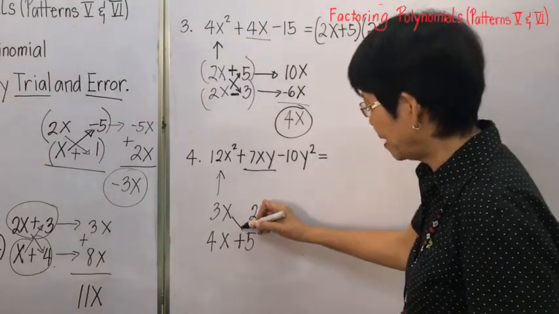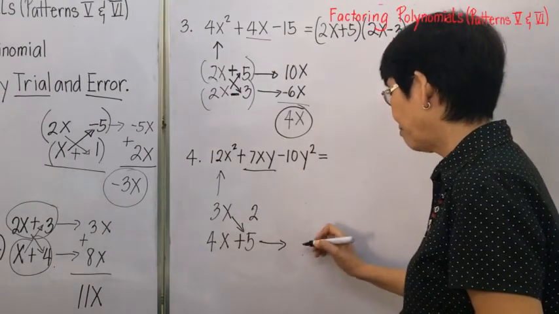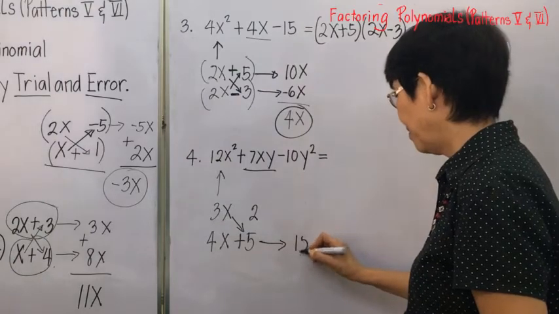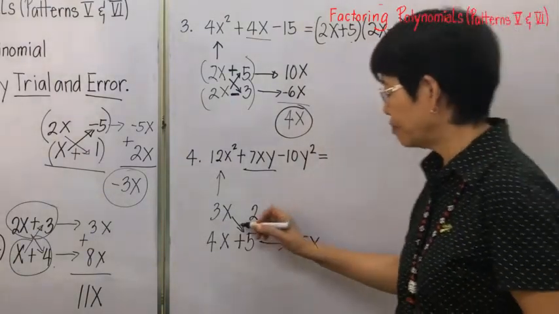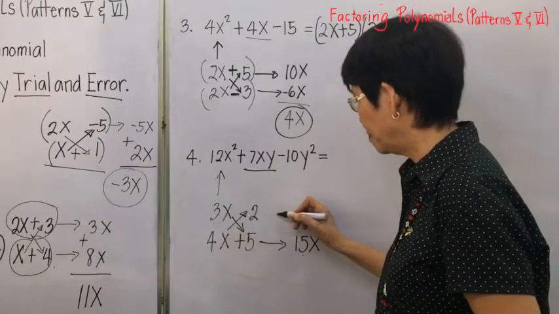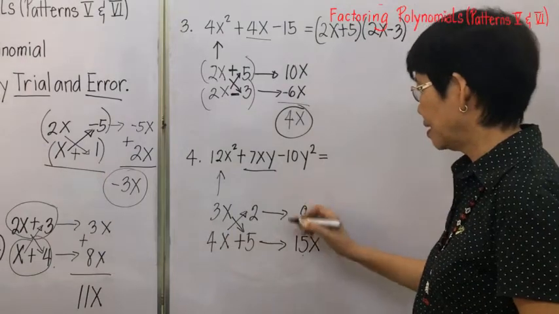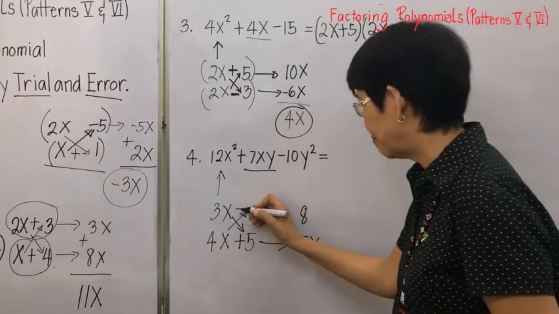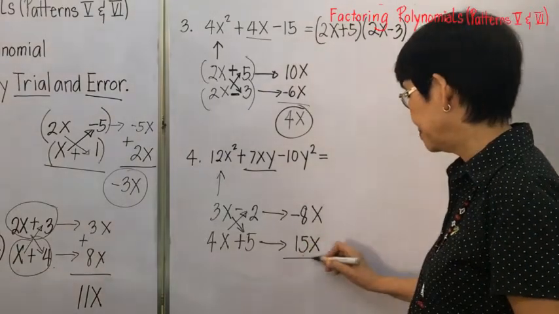So if we multiply this way and get the result, we have positive 15x. And if we multiply this way, we get 8, and it should be negative 8x.